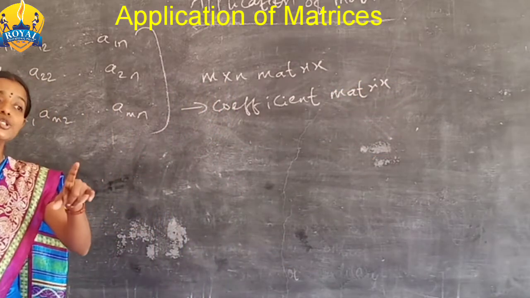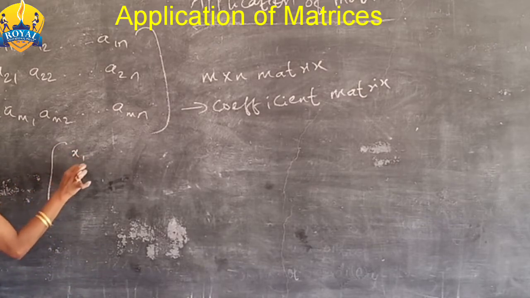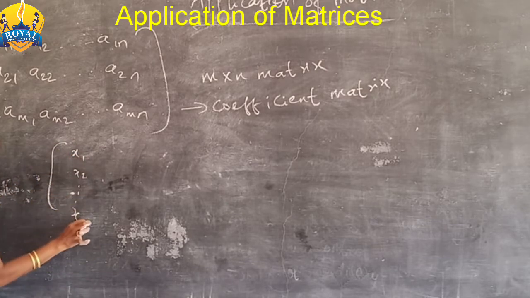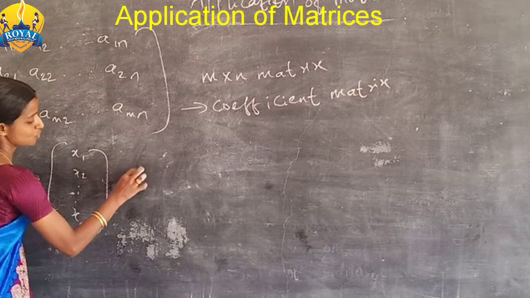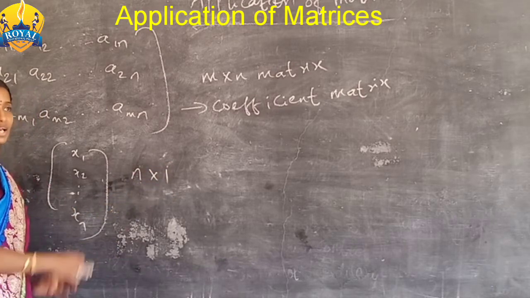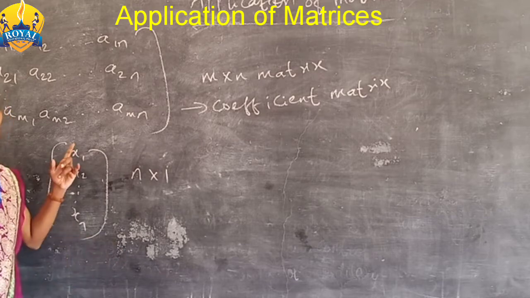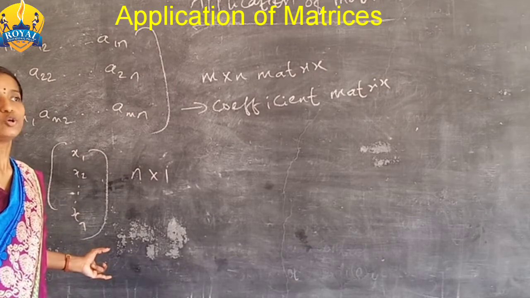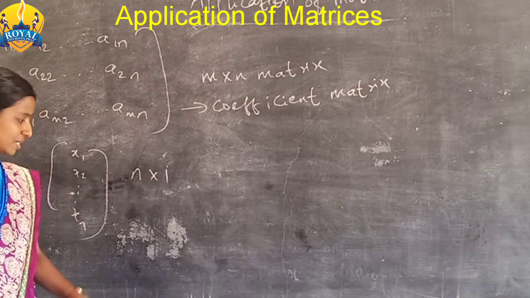Now I am going to solve for x1, x2 till xn. How many rows do I have? n rows. So n cross 1. I have only one column where I have n rows. So this is an unknown matrix where we are going to solve for x1, x2, etc. xn.